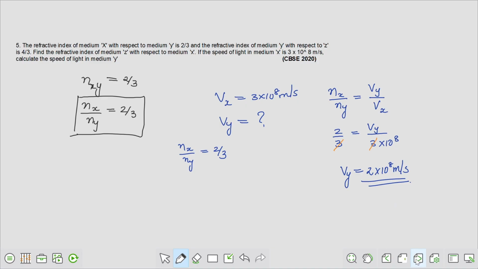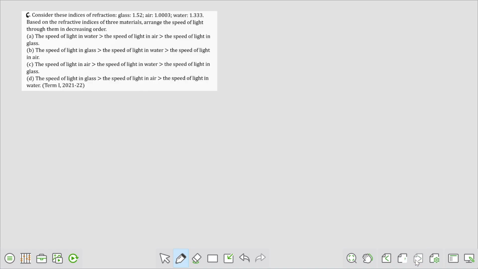Yes. So next question. It is an MCQ. Consider these indices of refraction. They have given glass, air, water. Based on the refractive indices of the 3 materials, arrange the speed through them in decreasing order. We already learned about the relation between refractive index and speed of light.